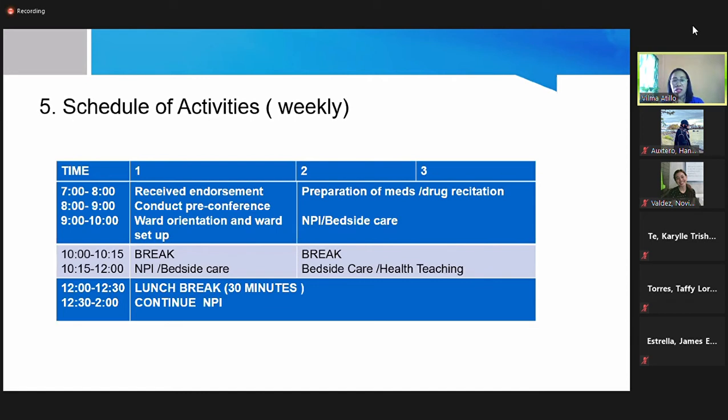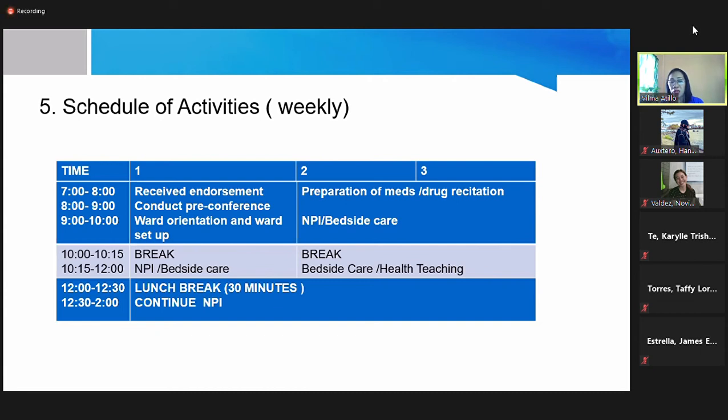After the endorsement, we will conduct a round. Before the rounds, the clinical instructor will give an assignment to particular students. So halimbawa ikaw, you will be assigned to room 301, ang isa naman room 302. You cannot choose your patient except the CI, because he will be the one to choose your patient depending on your skills.